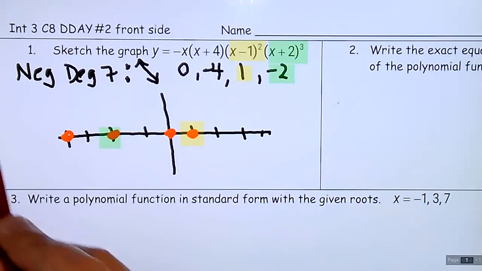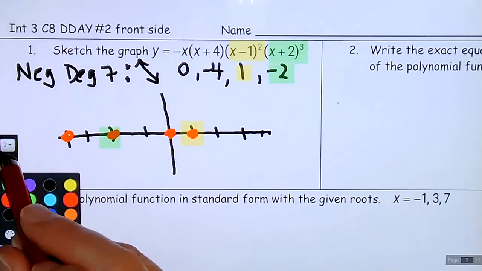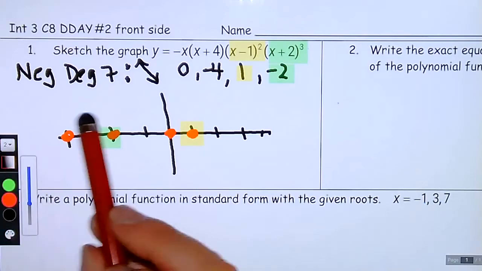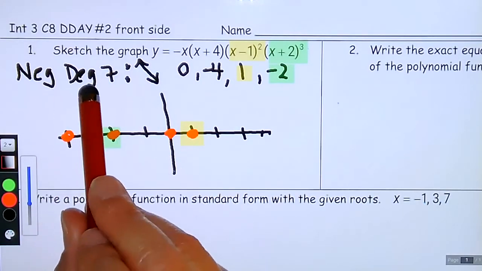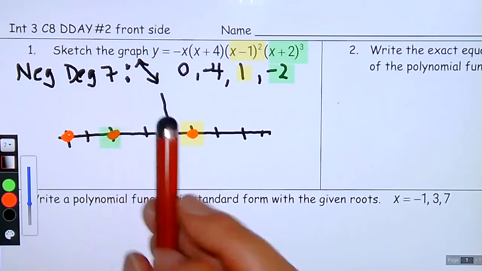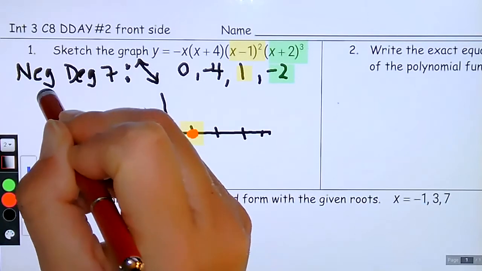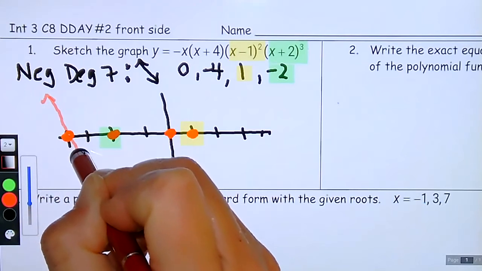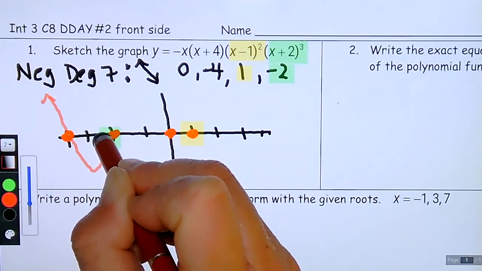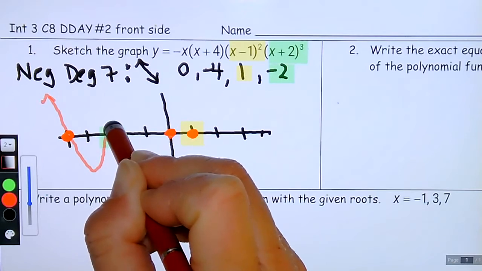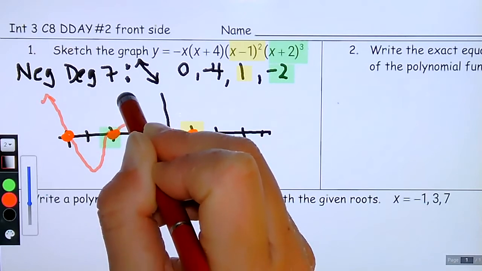And so when I do this, let me get this a little lighter. It's going to start above because it's a negative odd degree. It is going to go through, so this is a single, like a line. It's going to come here. This was a triple, so it's going to be almost like an open down parabola to an open up parabola.